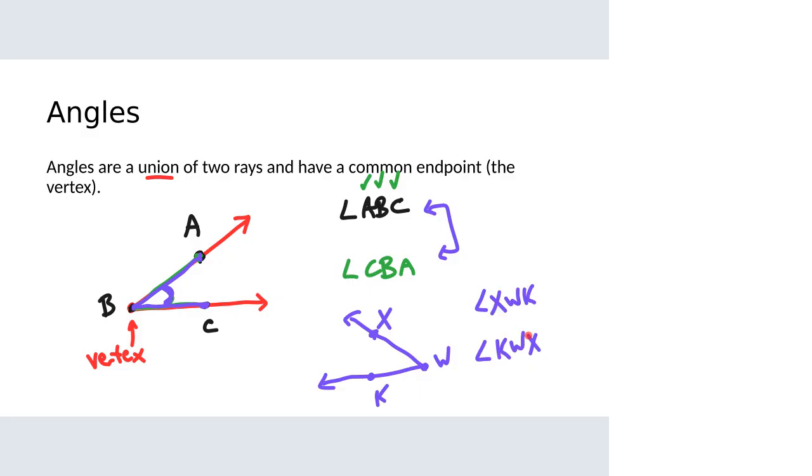I suppose that bottom one there is in alphabetical order, but that's just coincidence. There's no magic to alphabetical order. There's no magic to where the vertices go. What's really important is that when you name an angle, the vertex is always going to be the one in the middle, because we're going from a point on a ray to the vertex to a point on the other ray. Any questions about any of that?